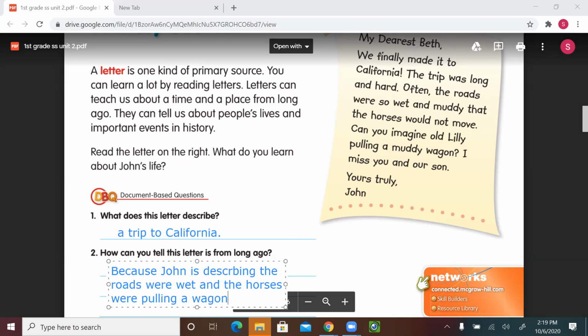So they were not flying, or they were not using, for example, a train. So they were using very old transportation at that time.